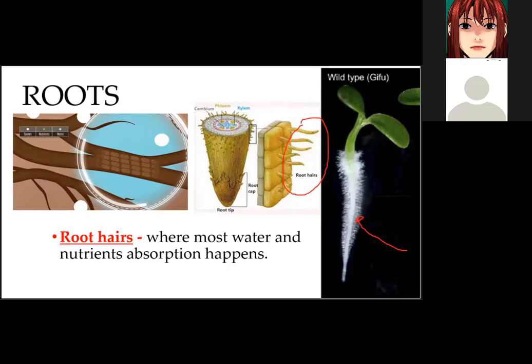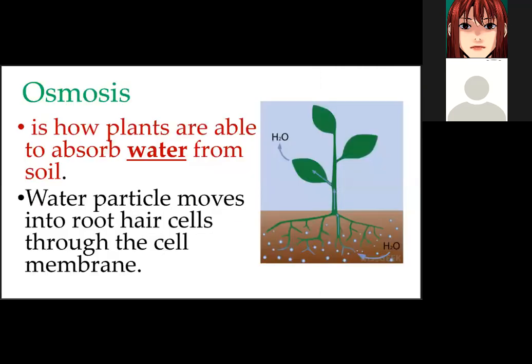And on the next slide, we have osmosis. Can you still remember the word osmosis? Osmosis is the process of how plants are able to absorb water from the soil through the cell membrane.